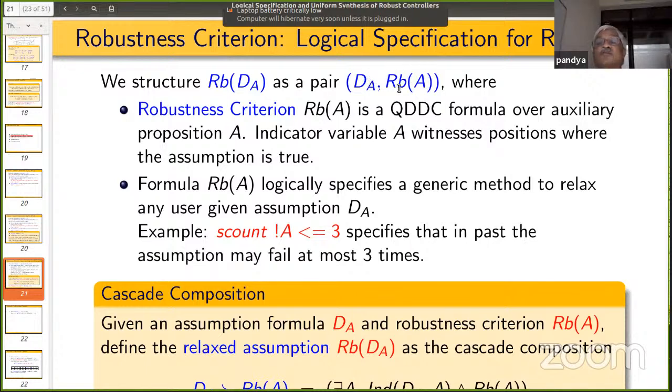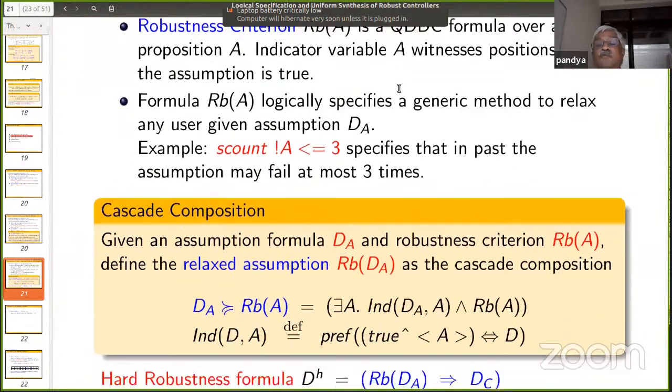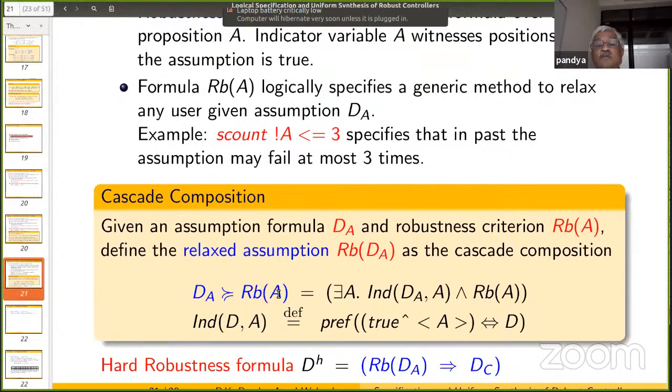I can combine these two to come up with a relaxed formula corresponding to this. And this I can define as an operator in my logic. Paritosh: In LTL, given an LTL formula DA and a robustness formula RB of A, possibly you will be able to guess there will exist a formula corresponding to that composition, but you will not be able to define such an operator.